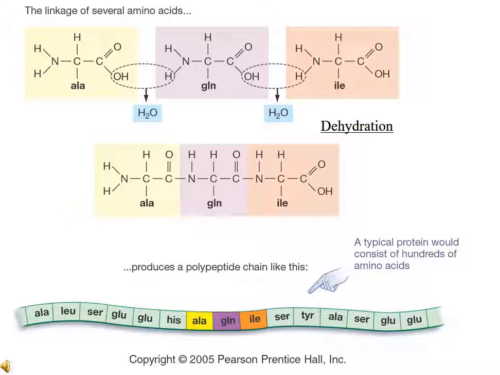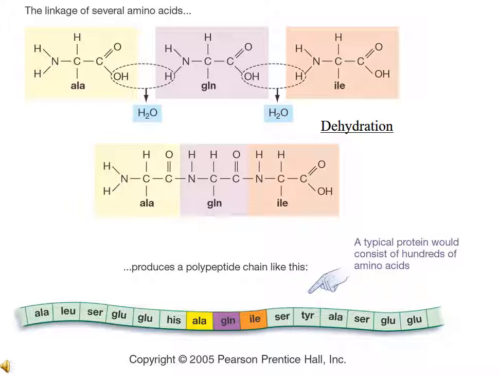The end result is a peptide bond that forms between the carbon and the nitrogen. So, in the formation of proteins, amino acids come together, water gets split out, and you form peptide bonds. The end result is a peptide.